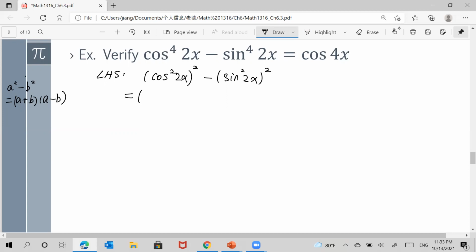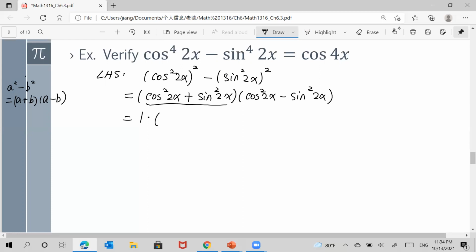So this one equals cosine squared 2x plus sine squared 2x, and then times cosine squared 2x minus sine squared 2x. And look at this term. Is that the Pythagorean theorem that equals 1? Yes. That's 1 times the second term. So do you feel it's very familiar? Yes. Because we have learned that.